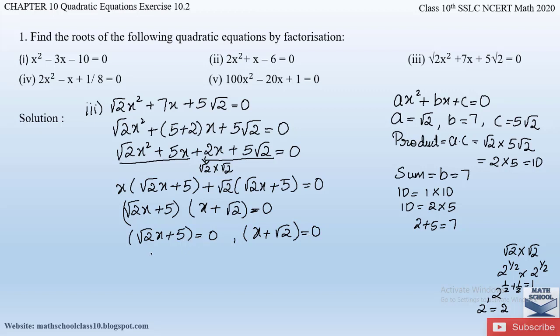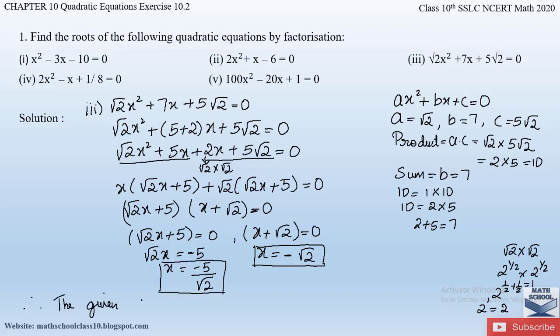When this is equal to 0, we can send this plus 5 to the right hand side. We will get root 2x is equal to minus 5, or x is equal to minus 5 divided by root 2. And when this root 2 is sent to the right hand side here, we will get x is equal to minus root 2. So these are the two roots we have got for the given quadratic equation.